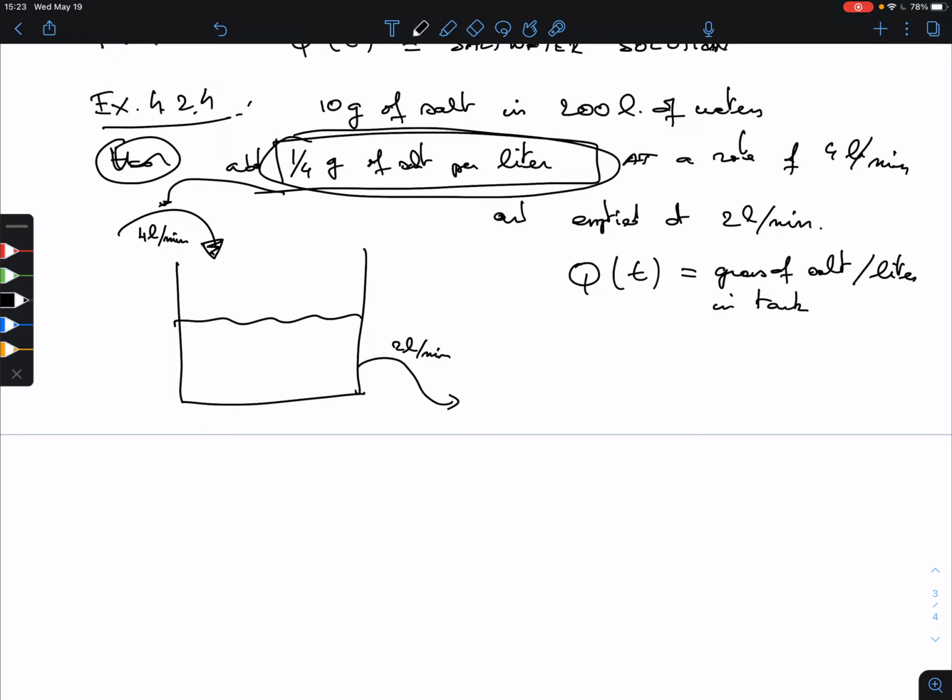In other words, it's the concentration of salt per liter of water in the tank. Why is that changing? Well, there was a certain solution of 200 liters, and it had 10 grams of salt. So let's say, what was Q0? Let's start with that. Well, we had 200 liters, and that was 10 grams of salt.